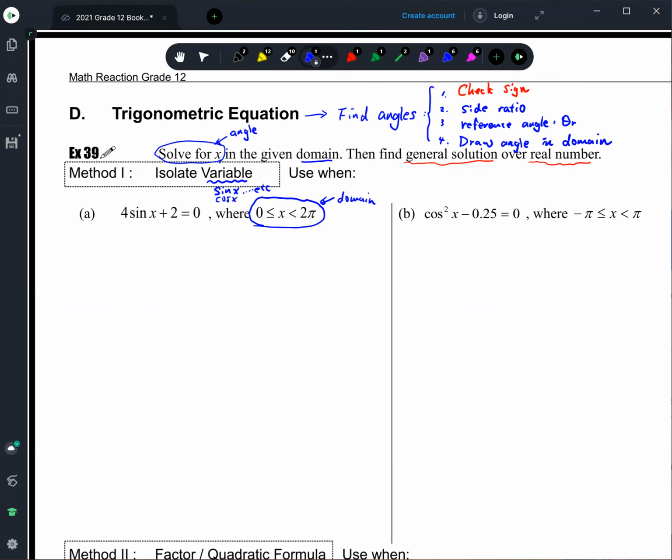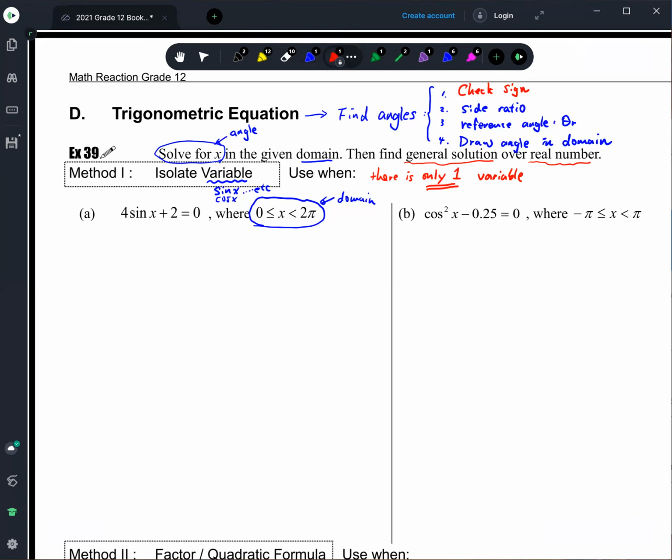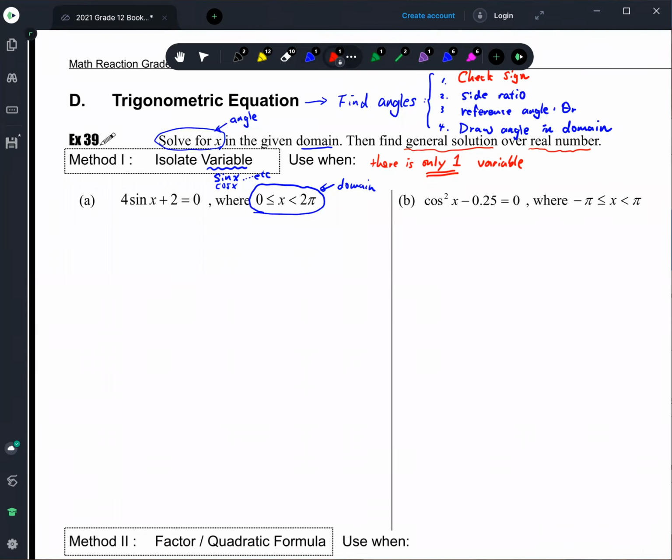So we'll use that when we need to fill this out. We'll use this method when there is only one variable, which means you only see sine, just one single sine, or just cosine. You have 2 examples here. Question 4a, you see a sine, that's only one.